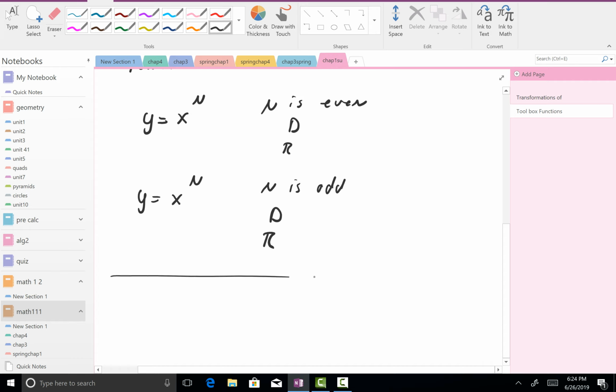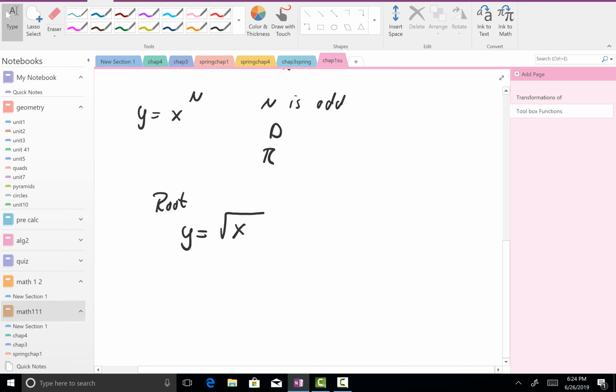Then we have, well, powers contain a lot of different things. Inside the powers, we have these. Like that's a square root. So we have an n here and an n here. Again, n is even, domain and range, and n is odd, domain and range.